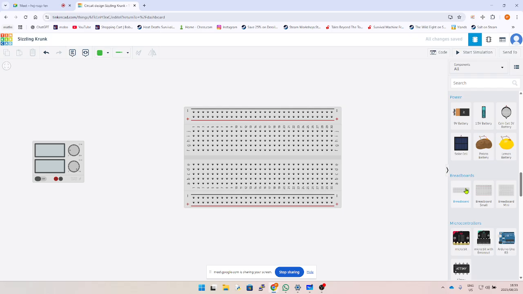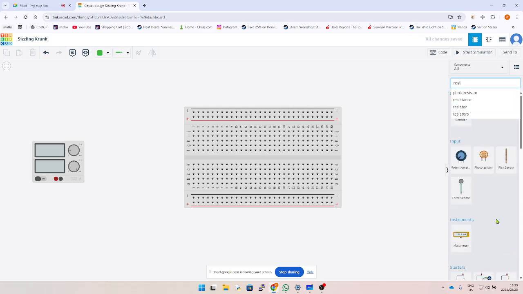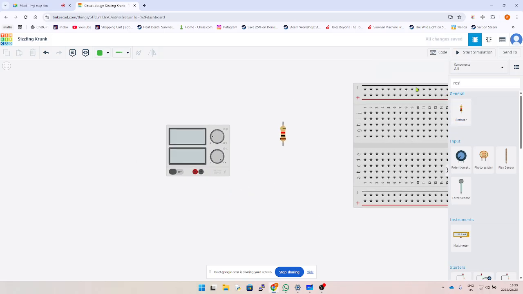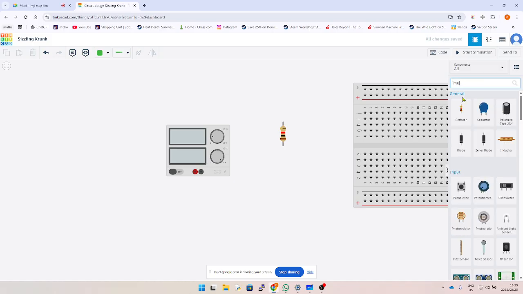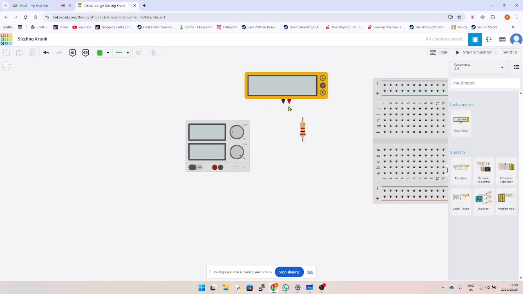Now, if we set up a simple circuit here with a resistor and a multimeter, in this case it doesn't matter how we set it up, because resistors have no polarity.